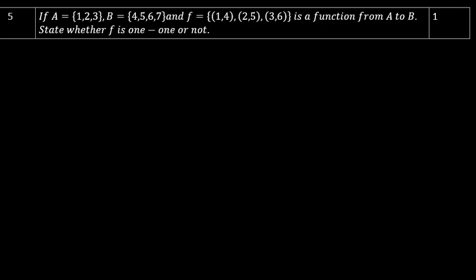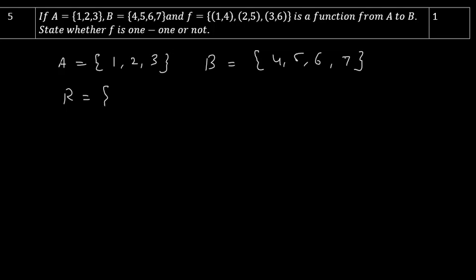So in this problem, first let us write what is given. A is {1, 2, 3}, B is {4, 5, 6, 7}, and our relation R is {(1, 4), (2, 5), (3, 6)}.